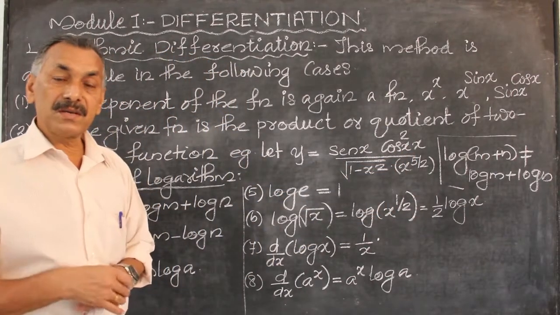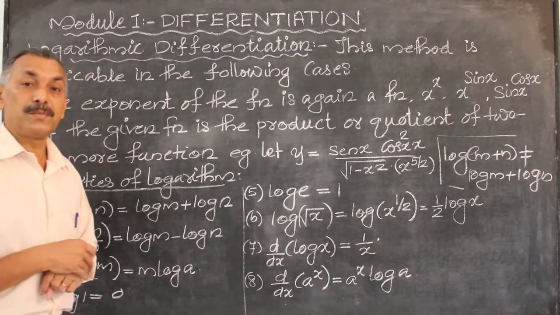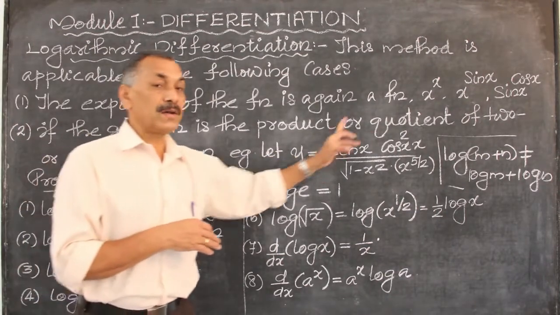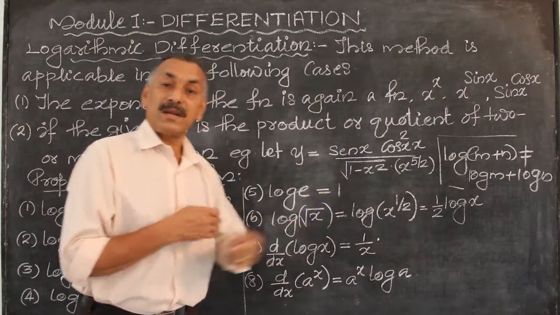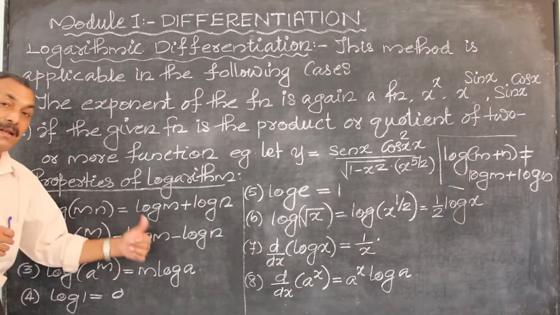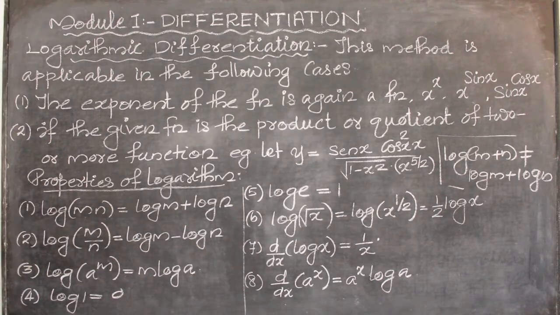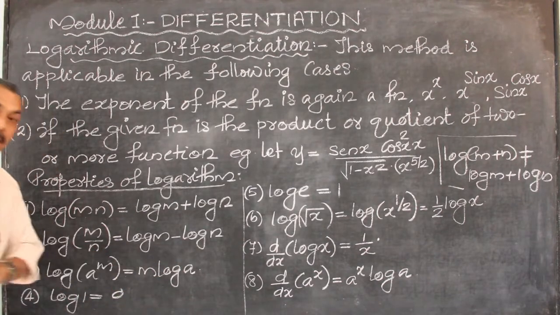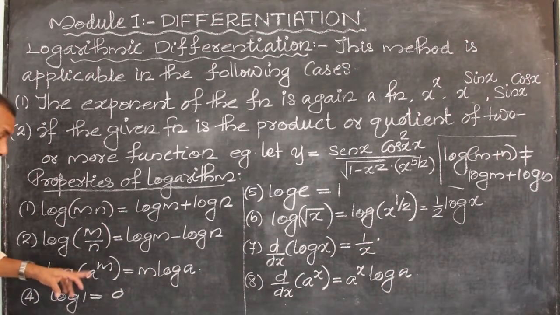Log of a by b is equal to log a minus log b. Then log of a raised to m is equal to m into log a.